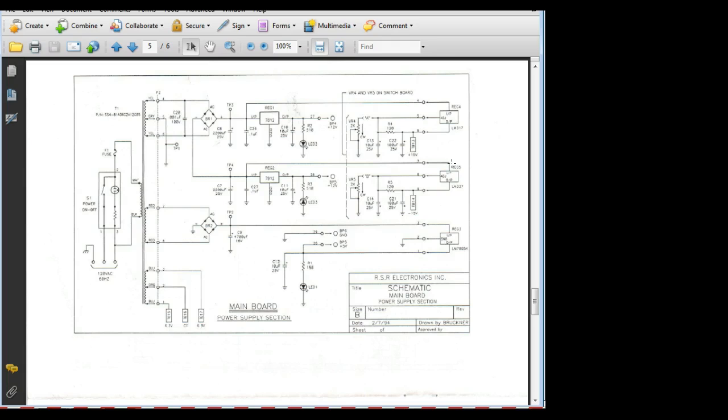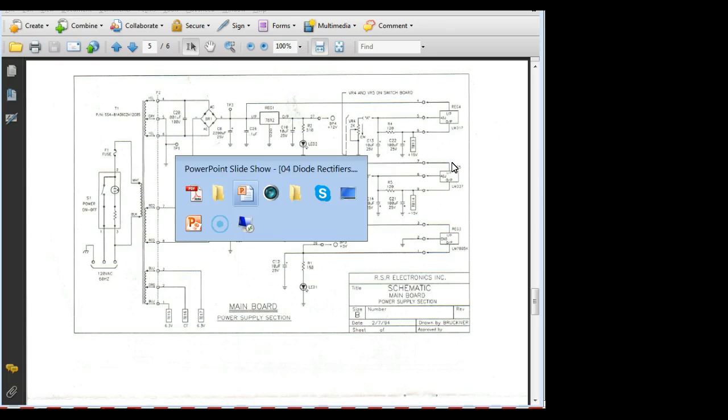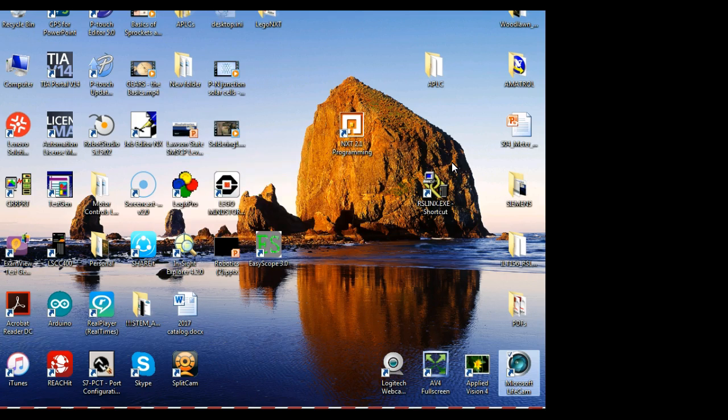Okay. And later on we'll come up here and take this thing apart and look at it.